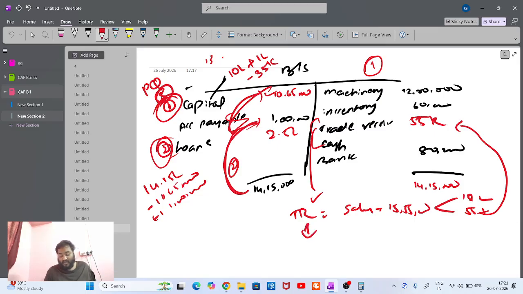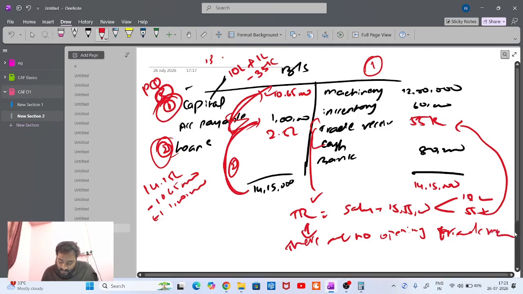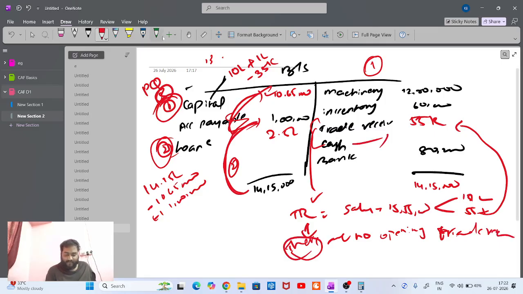Here there is a presumption that there are no opening trade receivables. Keep this in mind. How do we get cash? 14 lakh 15,000 minus 80,000 minus 55,000 minus 60,000 minus 12 lakh 50,000. So the cash balance will be 20,000 and we are done with unit 1.